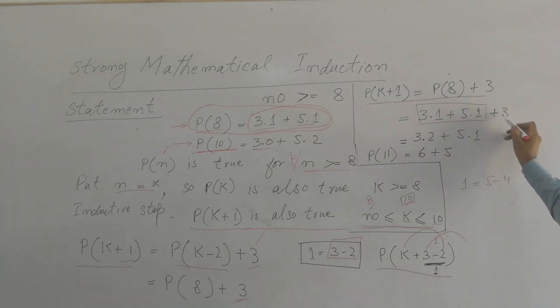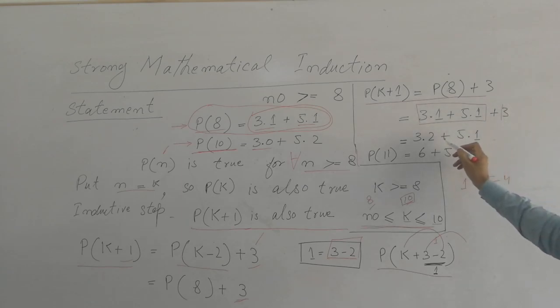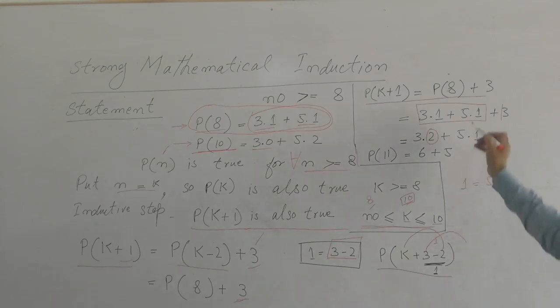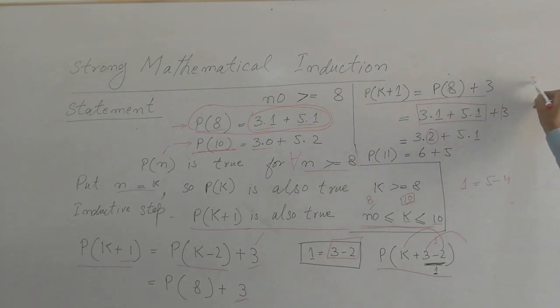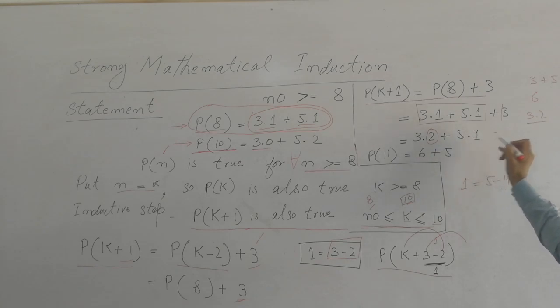So I have an extra coin stamp of 3. I just added one more. So simply it is 3 plus 5 plus 3, I can do 6. So 6 is just equal to 3 into 2, so 3 into 2 plus 5 into 1.